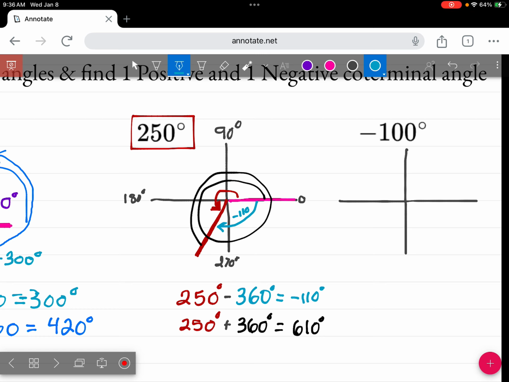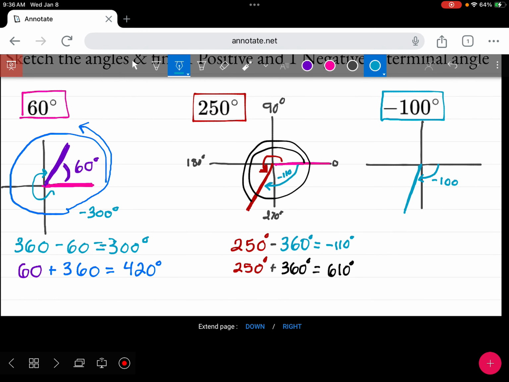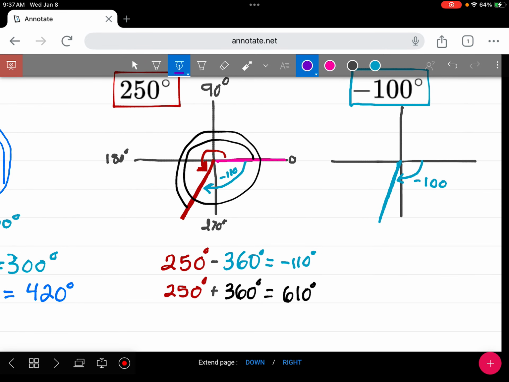So if we're looking for our negative 100, where's that going to be? Quadrant 1, 2, 3, or 4? 3. Just barely off of our y-axis here, because we go down from the x-axis. This is our negative 100. That's what makes it a negative angle. It goes down.